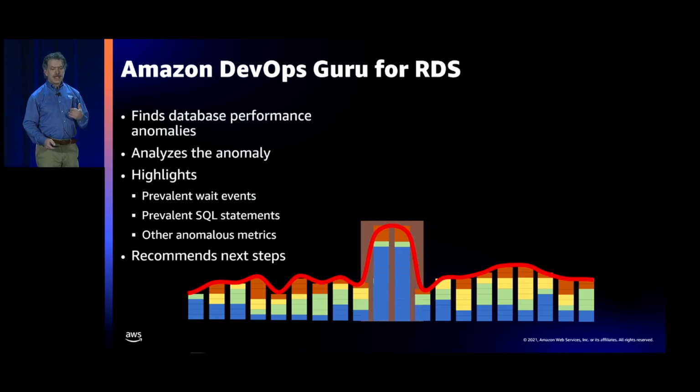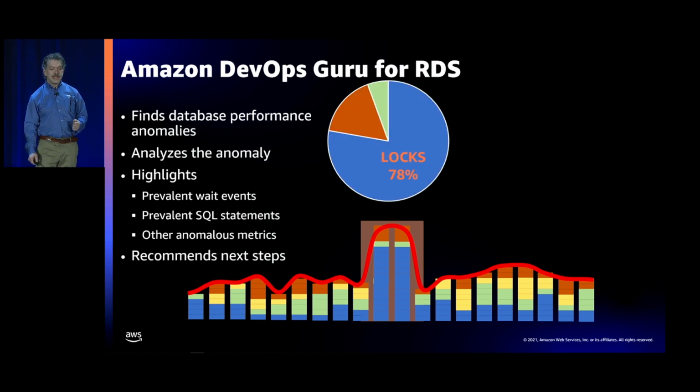DevOps Guru for RDS uses machine learning and anomaly detection to look for unusual and problematic performance events in your databases. When it finds one, it performs analysis on the anomaly to determine what kinds of conditions are contributing to it. Just some of the conditions that DevOps Guru for RDS can highlight are database wait states, also called wait events. That's what we've just finished discussing.